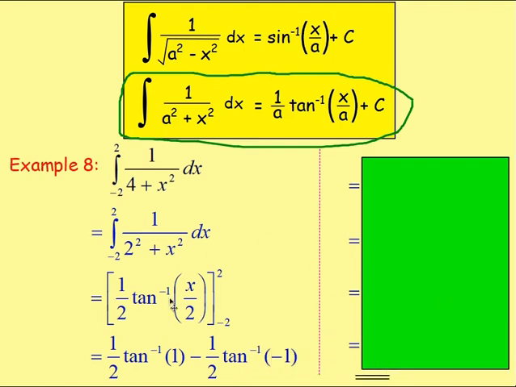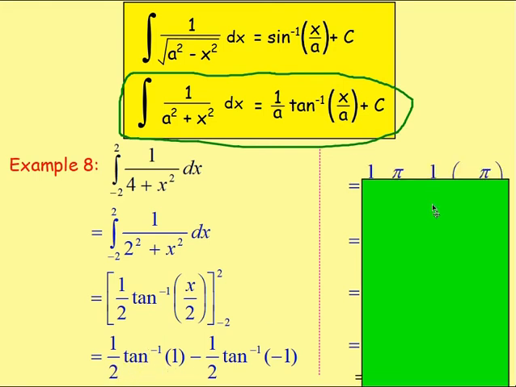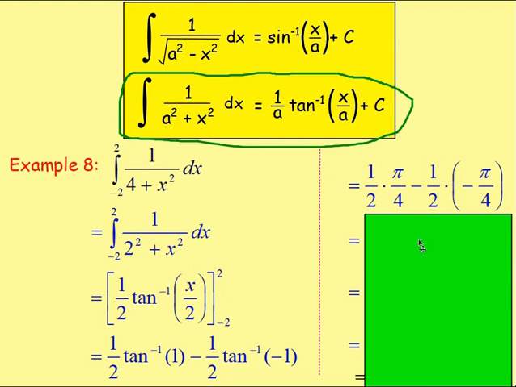After that, you will have 1/2 tan to the minus 1 of 1 is going to be 45 degrees, or in other words, pi over 4. Tan to the minus 1 of negative 1, you can either think about the graph, and that will just be the negative of tan to the minus 1 of 1, which will be negative pi over 4. And then from there, you're multiplying each of these by a half.